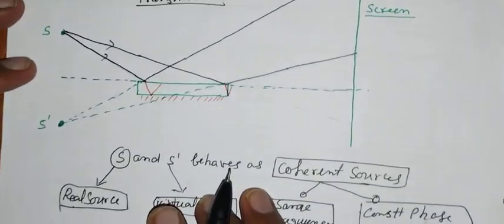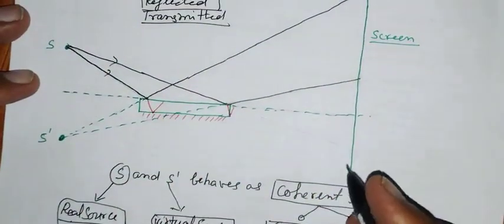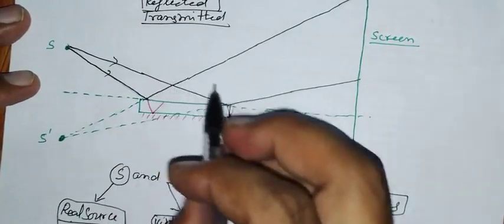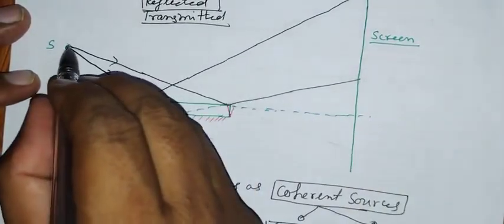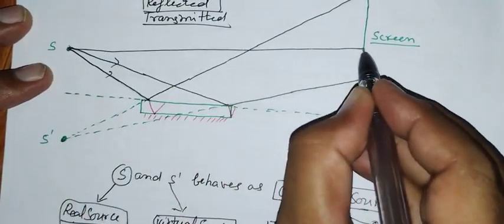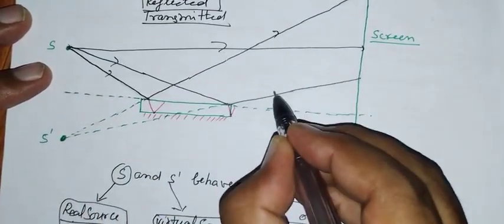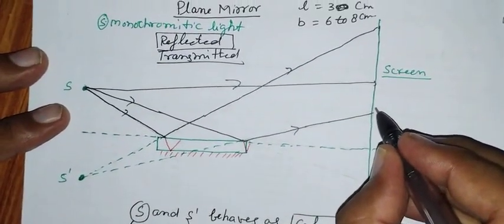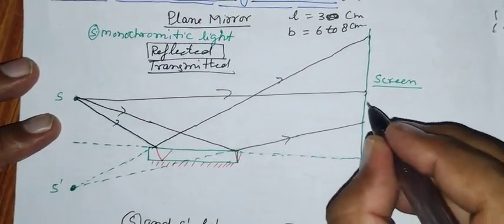In the experiment, two sources are obtained, and here one ray of light we may take like this also. The interference pattern is obtained here in this region.